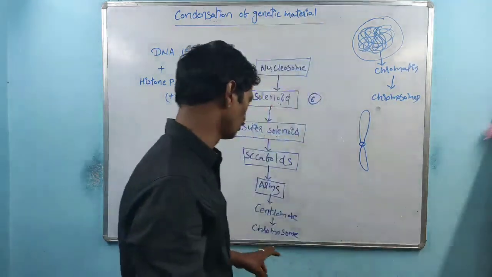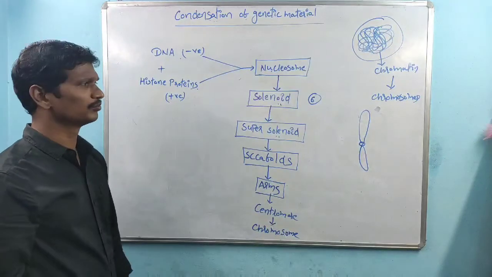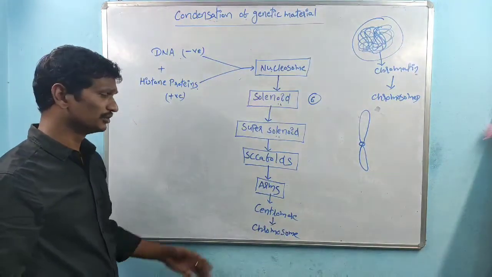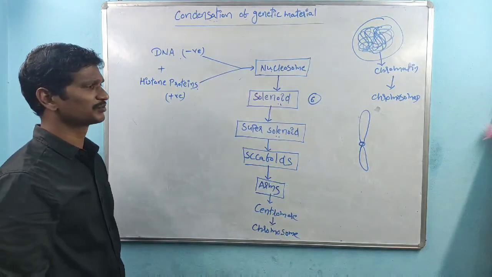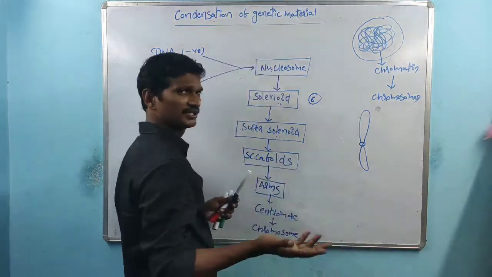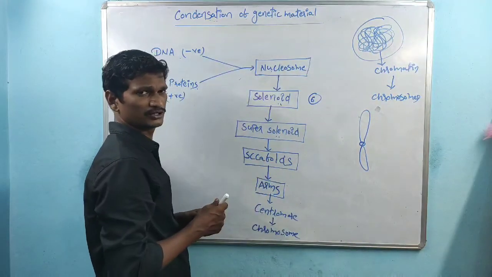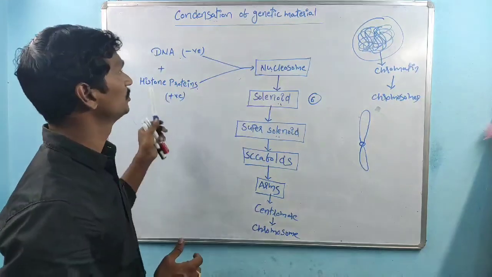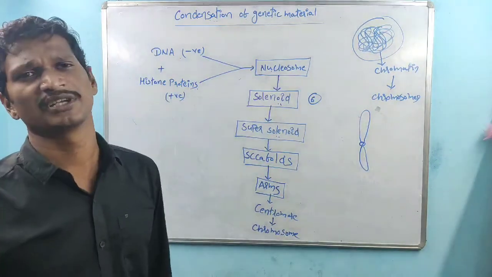Finally, it forms the chromosome structure. That is about the condensation of genetic material. So in this way, chromosome formation takes place, right? Exactly, the chromosomes are separated within the cell division process. So that is about condensation of genetic material, right?